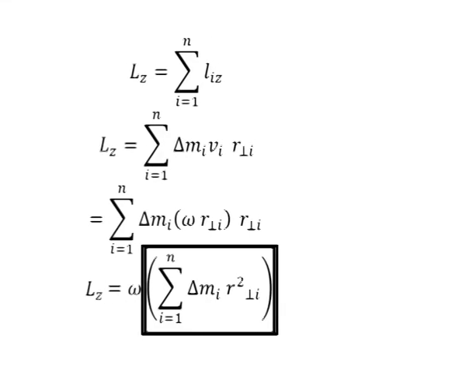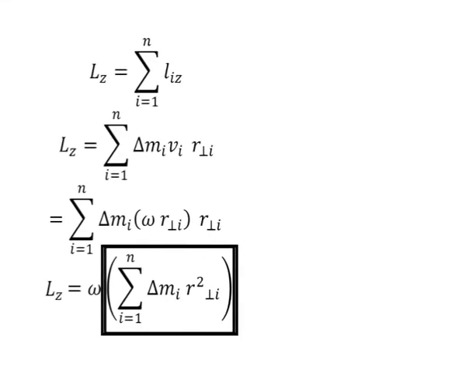Thus, our derived equation reduces to L is equal to I omega. We have dropped the subscript z, but we must remember that the angular momentum defined by this equation is the angular momentum about the rotation axis only. Also, I in the equation is the rotational inertia about that same axis.